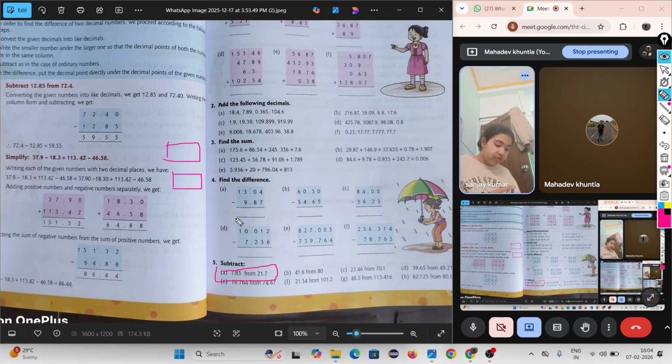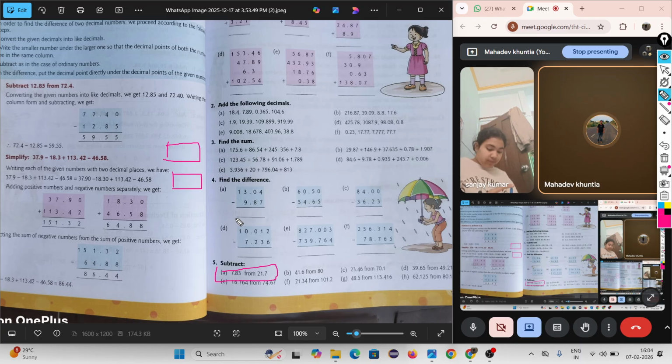How many times have I told you, during subtraction you should write the bigger number first and the smaller number second? Among 7.83 and 21.7, which one is larger?